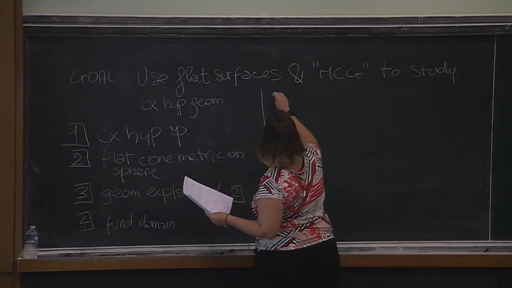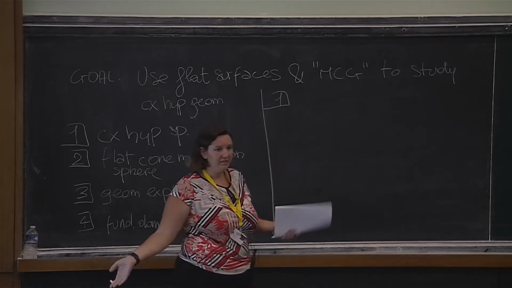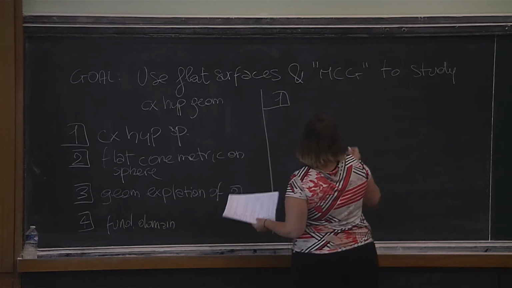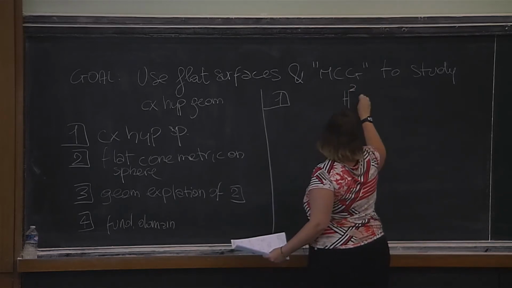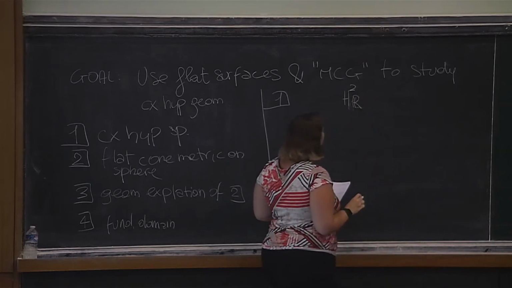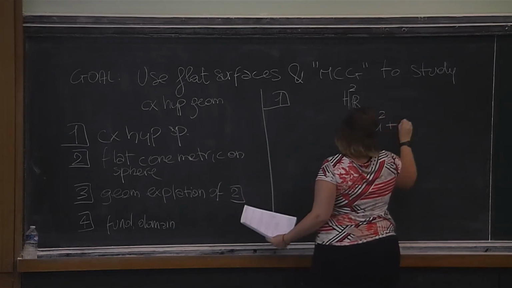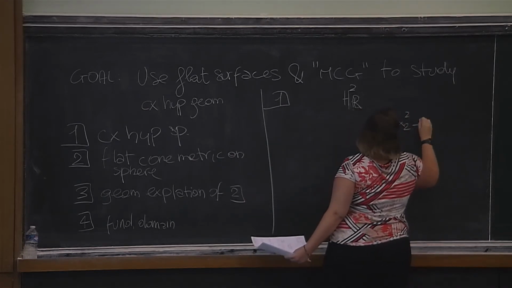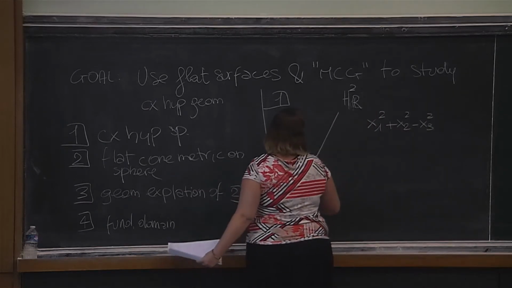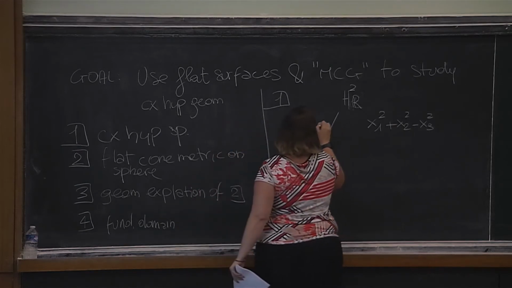So the complex hyperbolic space is the analogous of the real hyperbolic space. When we want to talk about the real hyperbolic space, we take the form x1 squared plus x2 squared minus x3 squared, and then we make the cone where this form is 0.